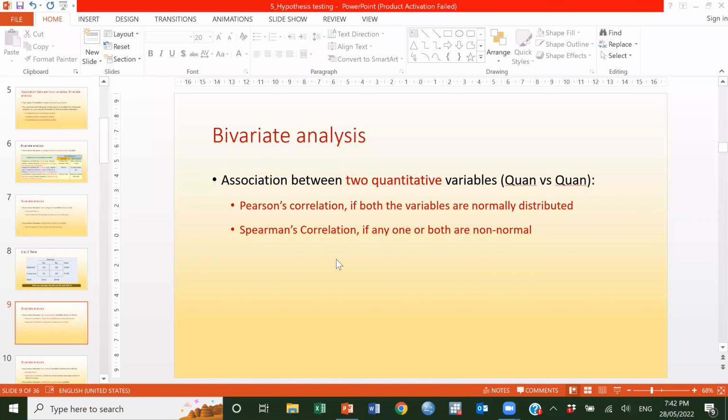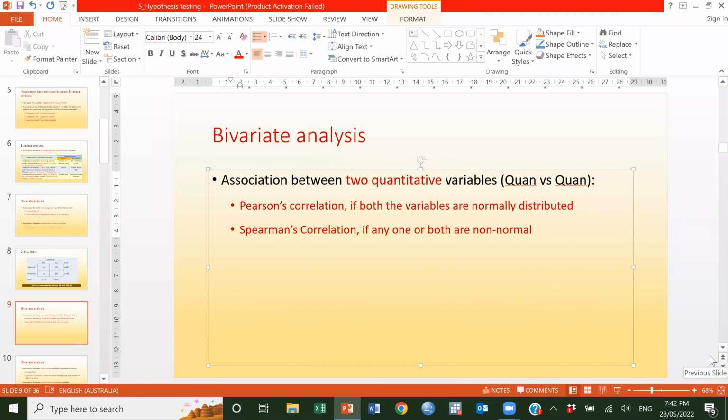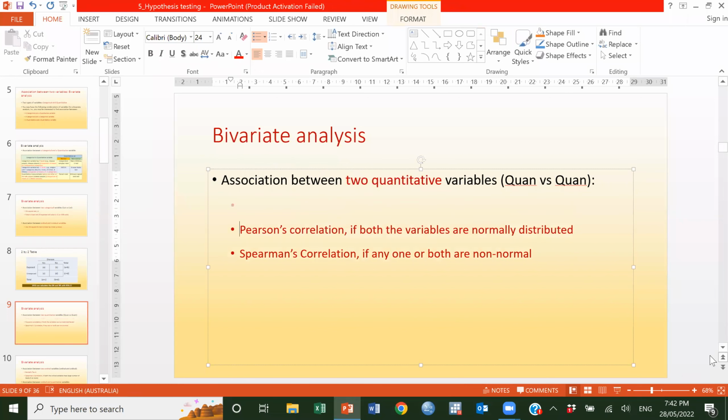To find association between two quantitative variables, or in other words, to find correlation, we use correlation statistics.